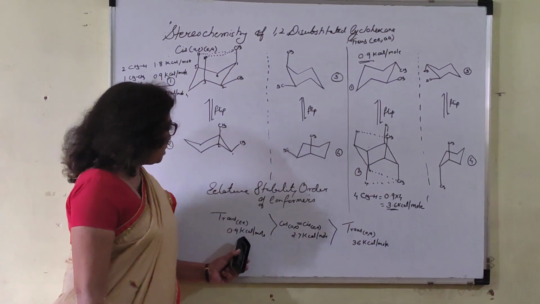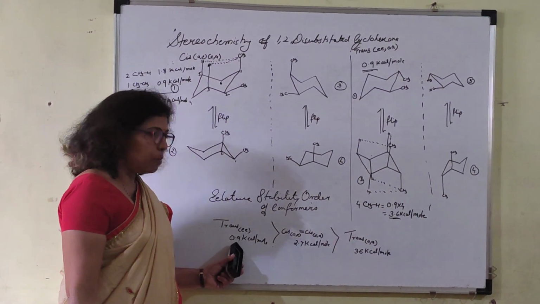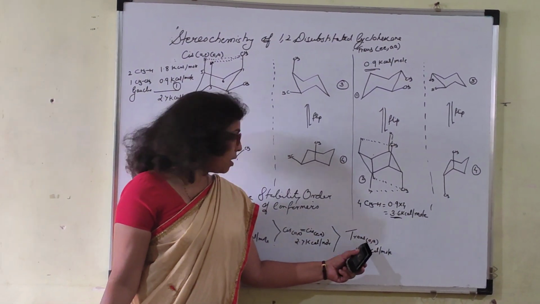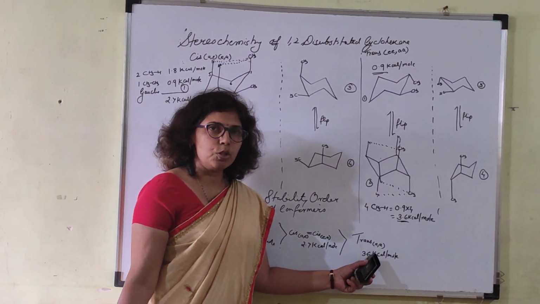So stability wise, trans EE is the most stable compound and trans AA is the most unstable conformational isomer.